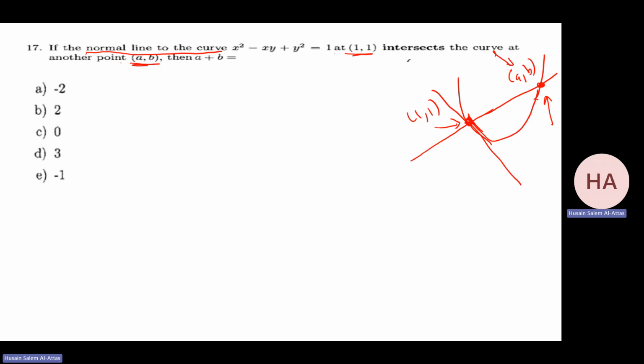Okay, so what I will do is work this problem to find the equation of the normal line. My steps: first, find the equation of the normal line.